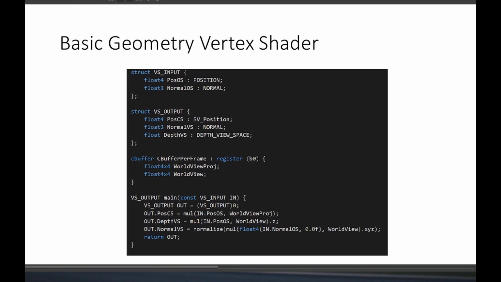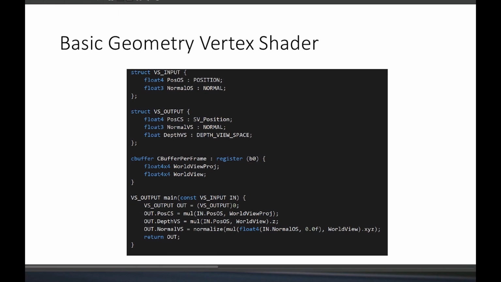So now I'm going to show some code. In this case, this is the Vertex shader code in the geometry pass. This is representing a basic geometry. The vertex of my geometry only stores a position and a normal. The output from the Vertex shader will be the position in clip space, the normal in view or camera space, and the depth.